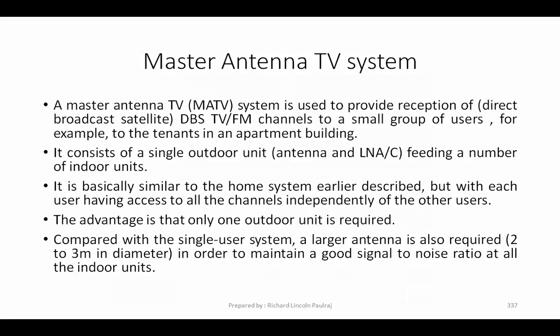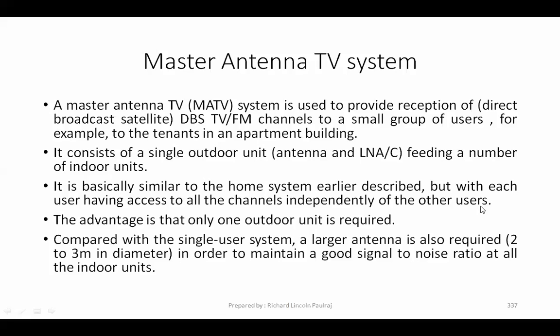It consists of a single outdoor unit, just one outdoor unit, which is the antenna and your low noise amplifier. So this feeds a number of indoor units. Indoor units are going to be, for example, your set-top boxes, which are inside different houses in the same building. It is basically similar to the home system earlier described, but with each user having access to all the channels independently of other users.